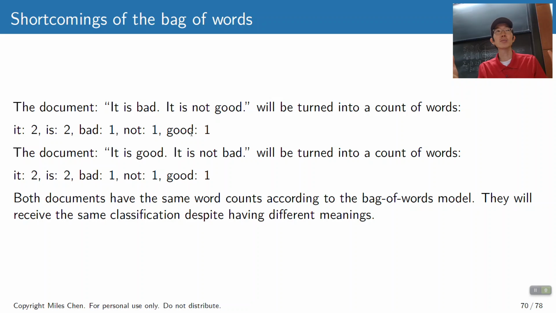If you have this other document that says it is good, it is not bad, it comes back with the exact same counts. It appears twice, is appears twice, bad appears once, not appears once, good appears once. So these two documents have opposite meanings, but they will get classified as the exact same thing.